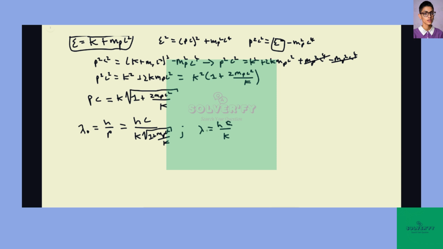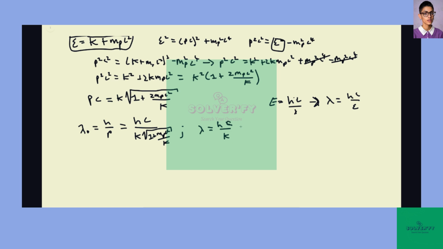Since E is equal to hc over lambda, lambda is equal to hc over E. That would be the total energy, but we want to ignore the mass energy, so we're just using the kinetic energy.